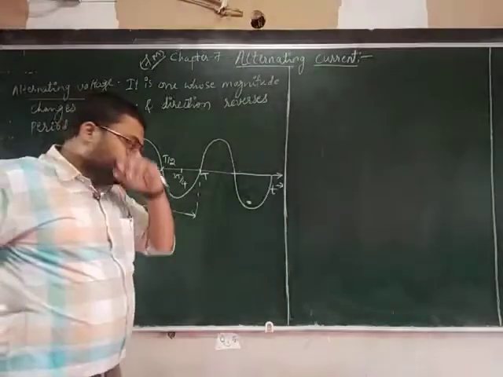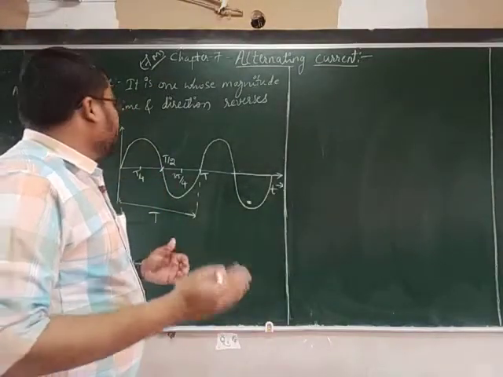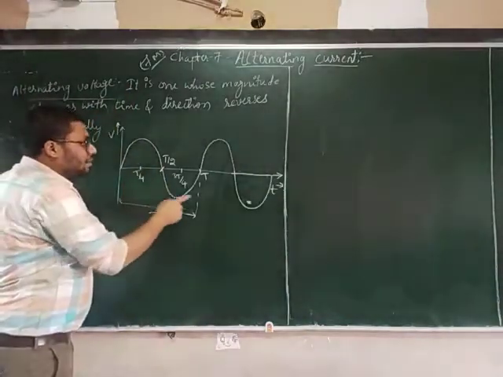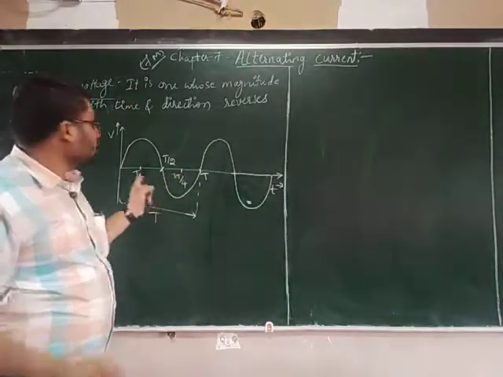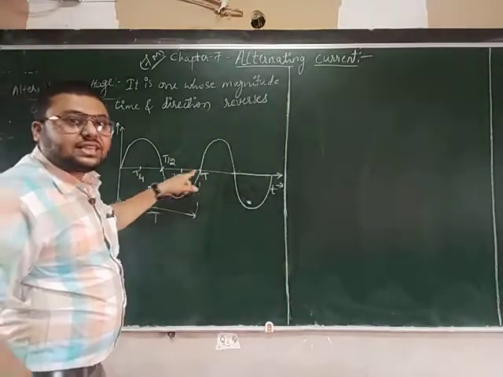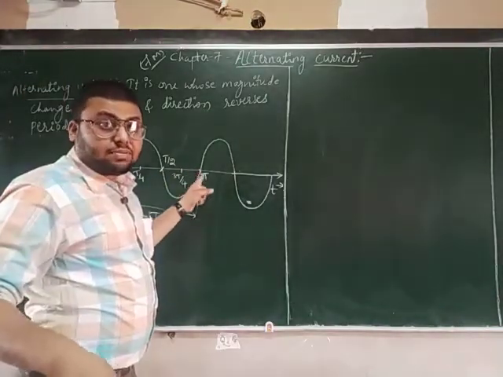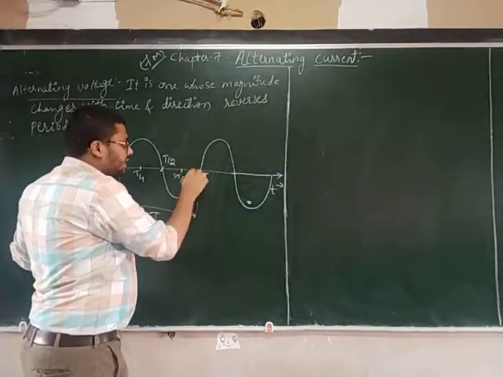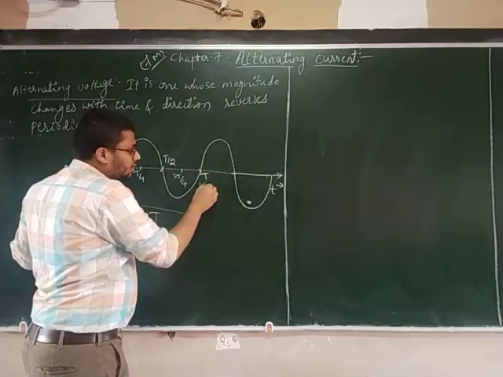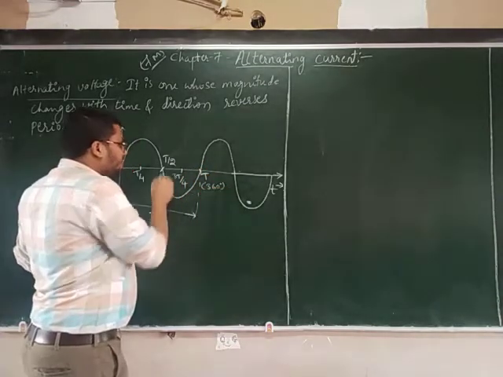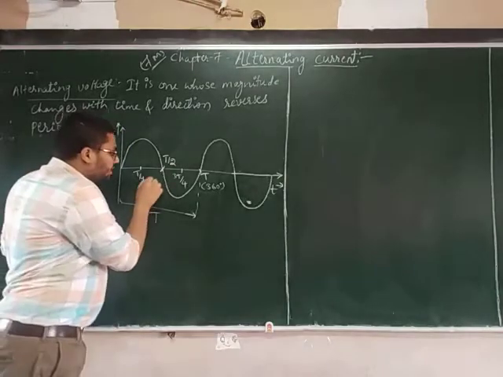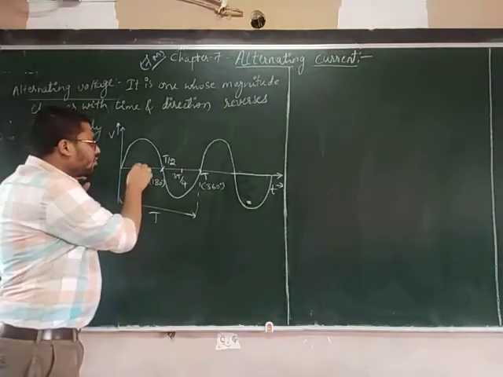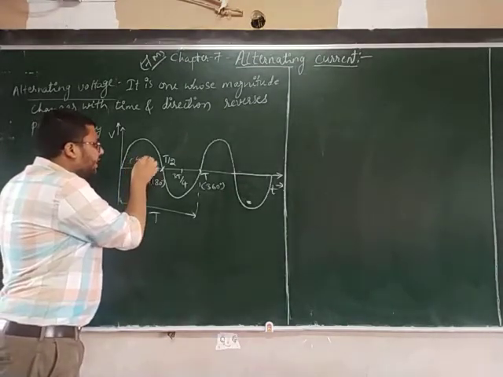Is it clear? Okay. If you consider it in terms of angle, one complete cycle means 360 degrees. Let us be careful. Then what about half cycle? That is 180 degrees. Then quarter cycle 90 degrees.